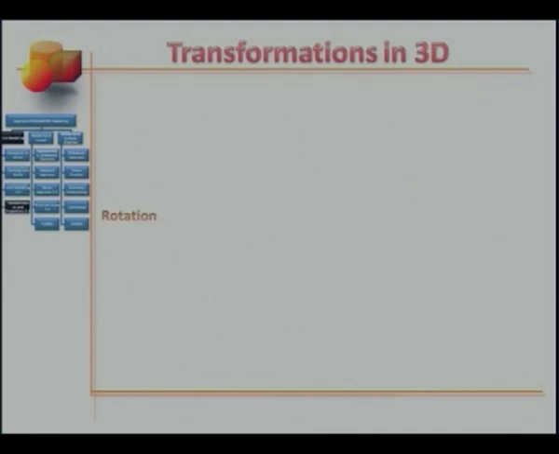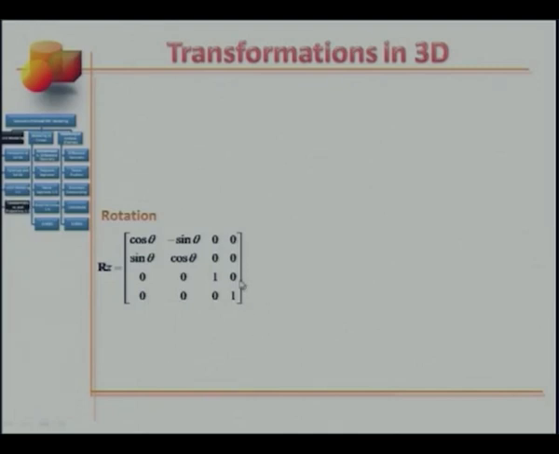Rotation in 3 dimensions. Let's first try to figure the rotation matrix if we are trying to rotate an object about the z axis. This is a 4 by 4 matrix with entries cosine of theta, minus sine of theta, 0, 0, sine of theta, cosine of theta, 0, 0, 0, 0, 1, 0, and 0, 0, 0, 1.